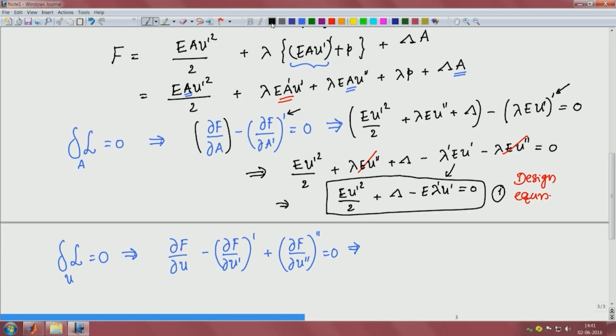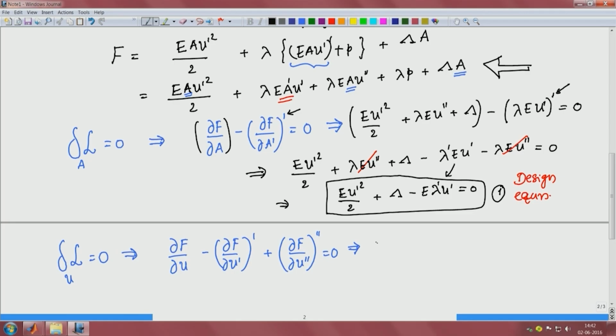For now, let us take this dou f by dou u. Where is u? Actually, u is not there. If you look at our integrand, there is no u present, there are only terms with u prime, two terms with u prime, and one with u double prime.